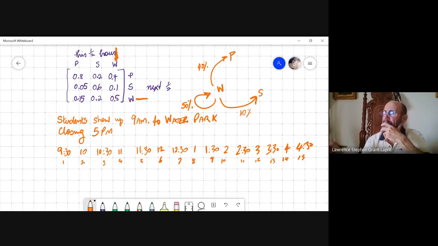Now at 5 there's no migration because the pool will shut from 5 o'clock, so there's no 5 o'clock migration. They all head to the exit.